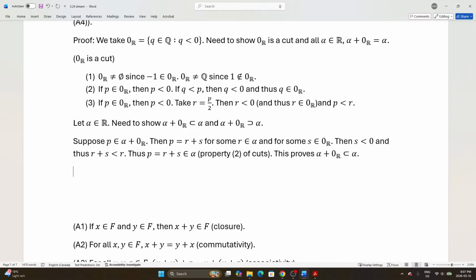So now let's work the other way. Let's start from P in alpha and see if we can show that P is in alpha plus 0R.